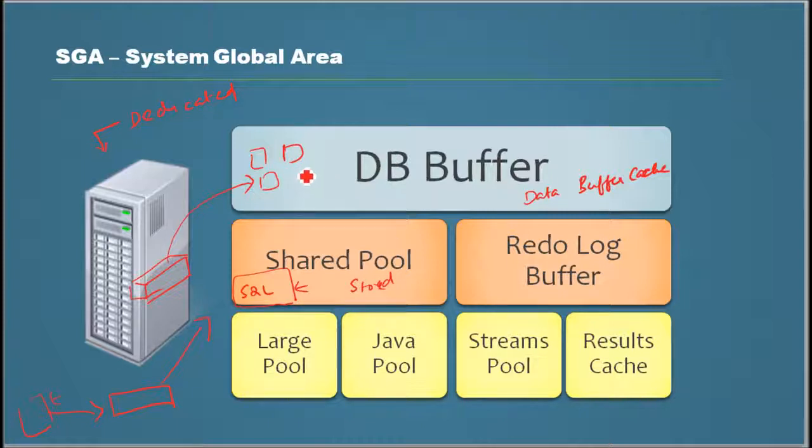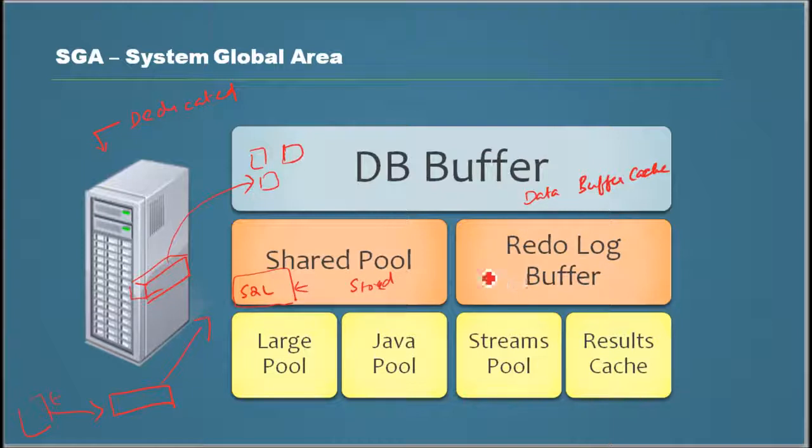Any modification or fetching of the data happens here, and from here it's constantly flushed to the data files. That's the data buffer cache.